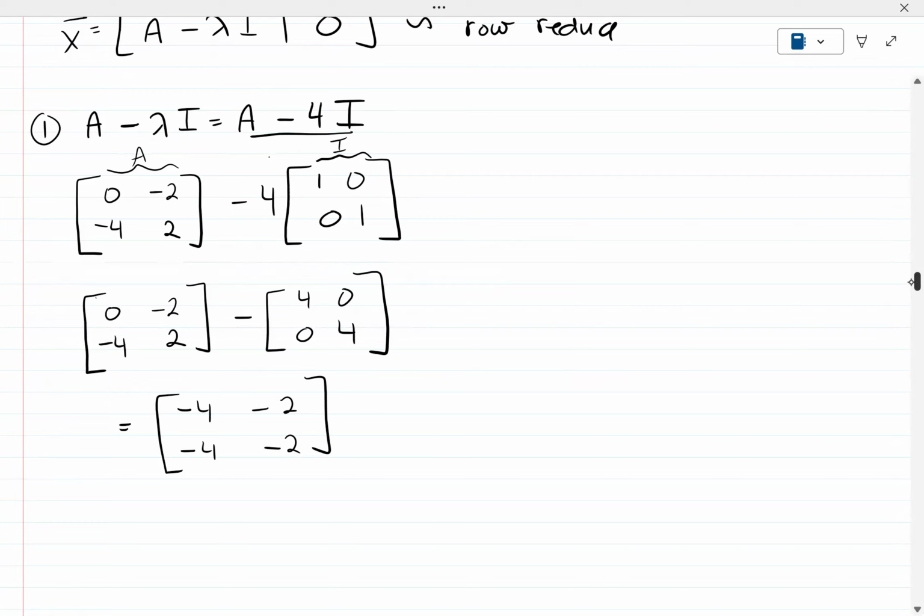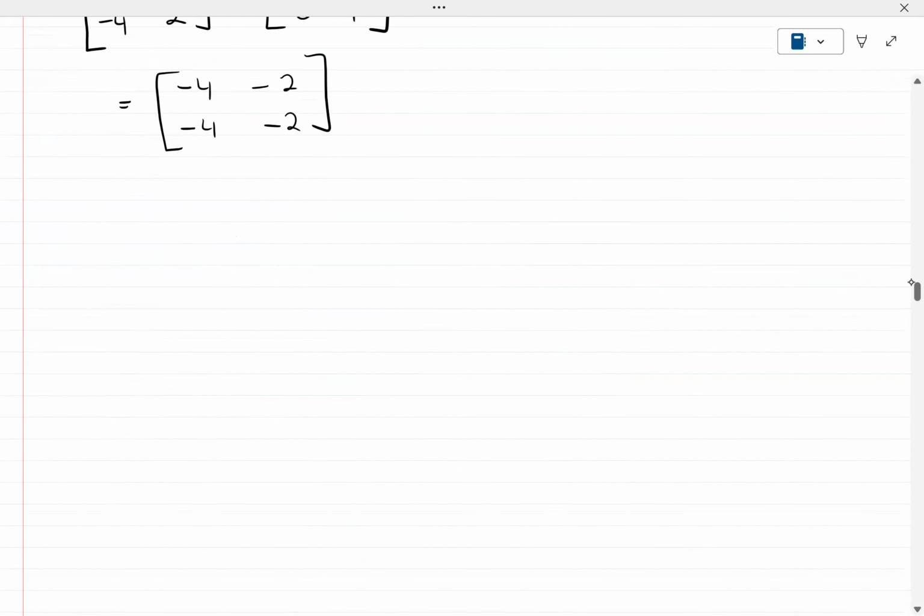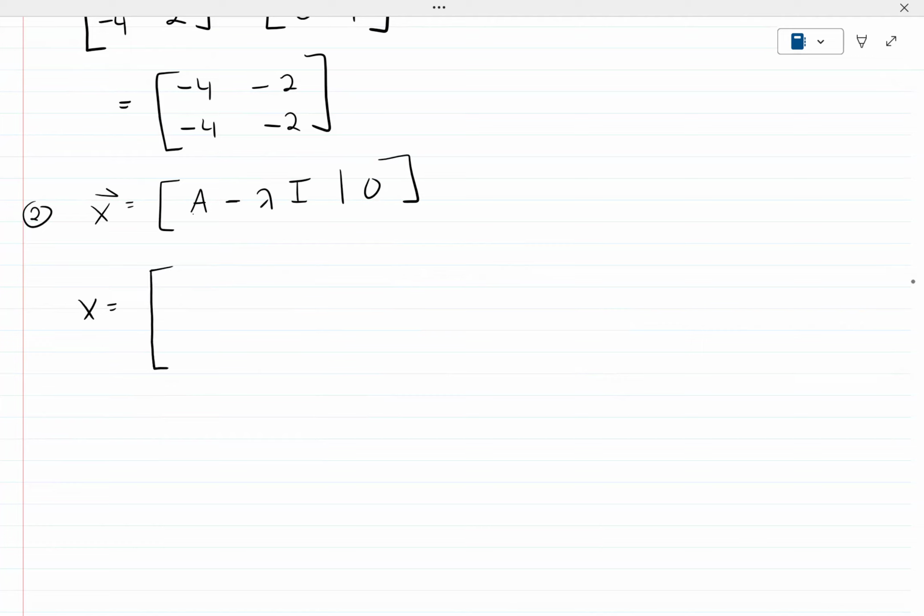Now let's do step two. What we've got to do is find vector x. So vector x is going to be equal to matrix A minus lambda times the identity matrix, augmented with the 0 matrix. Now what we're doing is the left side.